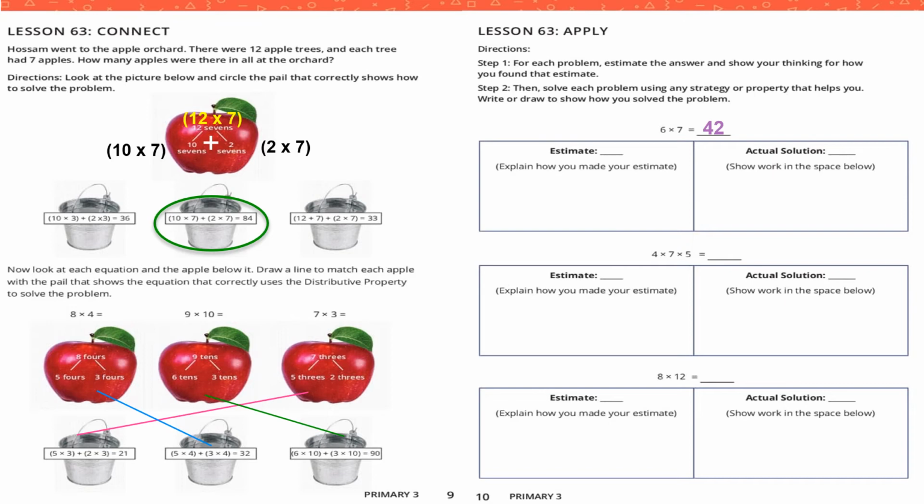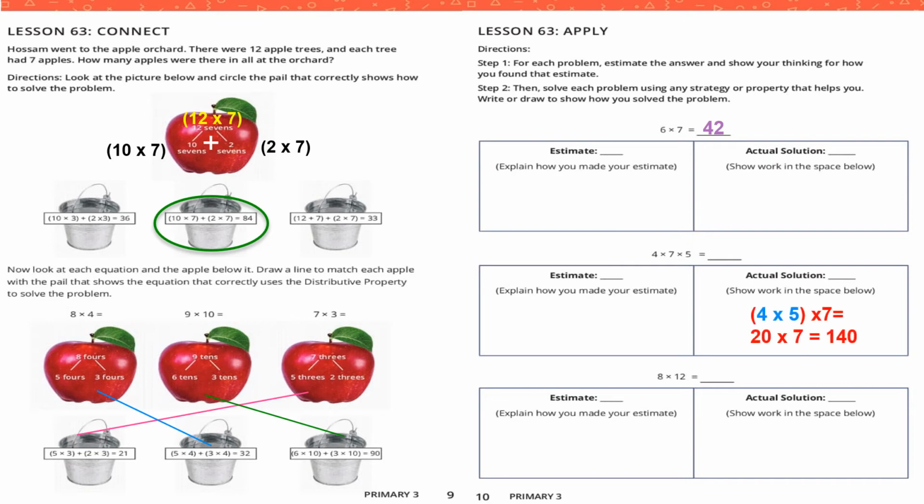For the next one, 4 times 7 times 5. I have here 3 numbers multiplied together. So which property can I use now? I have 3 factors. Associative property. Yes, associative property. So I will multiply 2 numbers, then I will multiply the third.